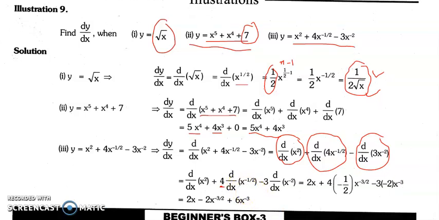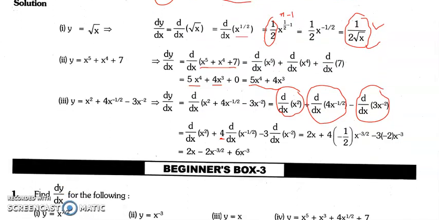Now this is the way to do it. So 4 would be coming outside of the derivative. It will be d by dx of x raised to the power minus 1 by 2, and in the same way 3 would come out of the derivative since it is a constant. So d by dx of x raised to the power minus 2. Now d by dx of x square would be 2x, because 2 would come forward.